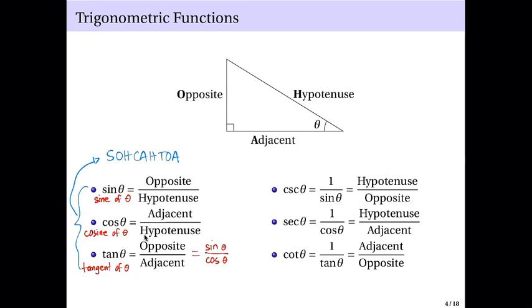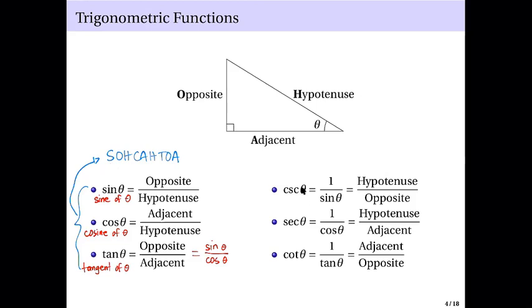And TOA, this is opposite over adjacent, and that's equal to your tangent theta. So based on this triangle, these three values collectively are known as Sohcahtoa.